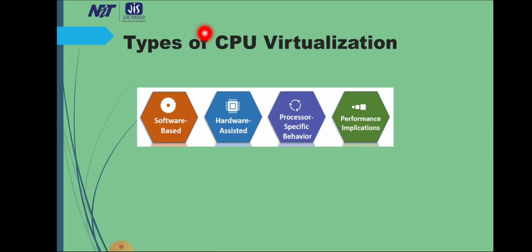These are the types of CPU virtualization: software based, hardware based, processor specific behavior, and performance implications. These are different types of CPU-based virtualization, each having different characteristics.